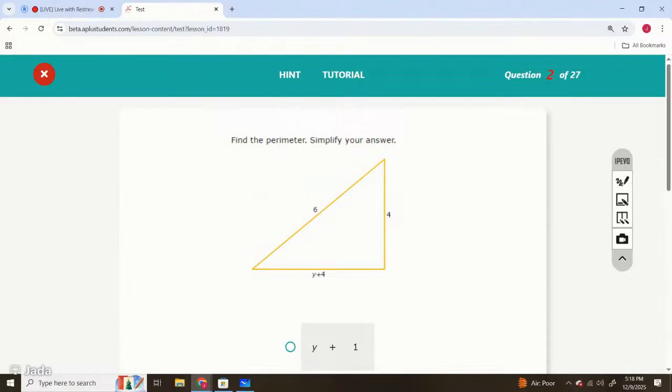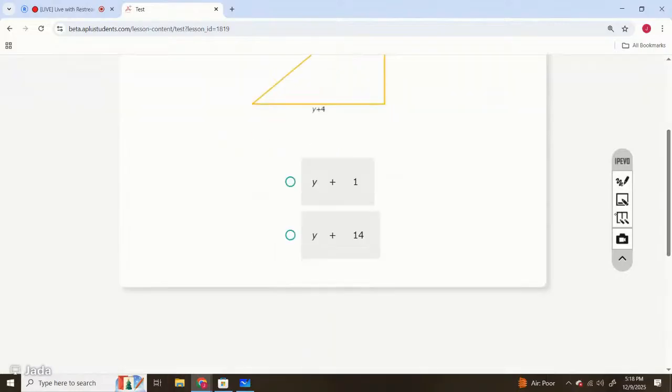Yes, that is y plus 14. For the perimeter, we need to add all the side lengths. So that is y plus 14.